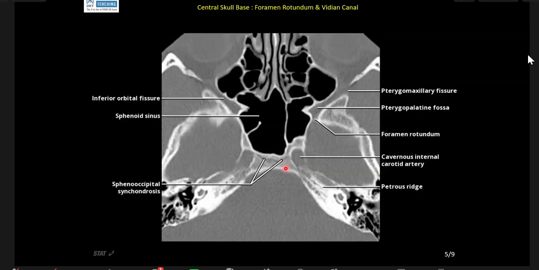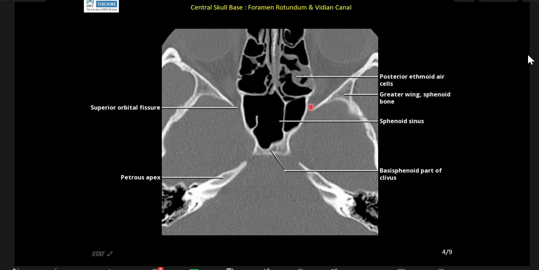As we go slightly more inferiorly, you can see this foramen. This foramen is communicating with this portion here, which is the pterygopalatine fossa. Key point is that it is lateral to this sinus. This is the sphenoid sinus. It is lateral. So if I go back, you see superior orbital fissure is superior.